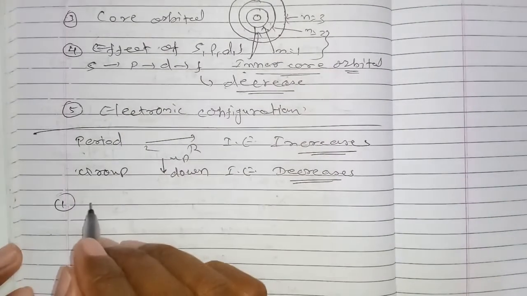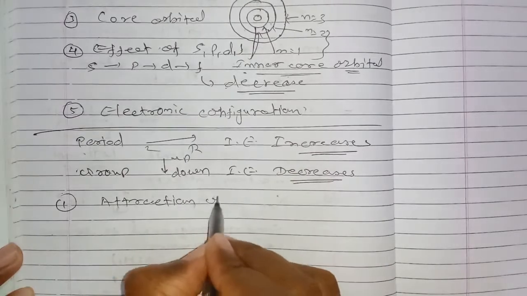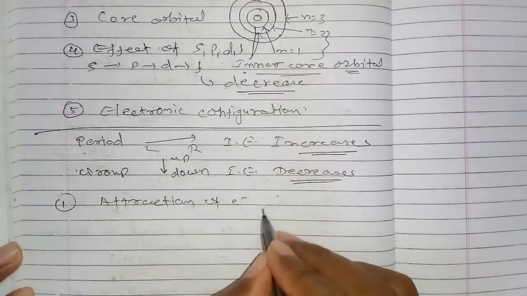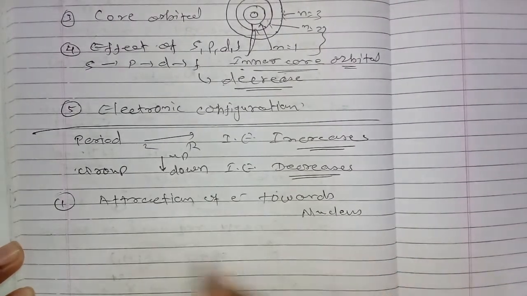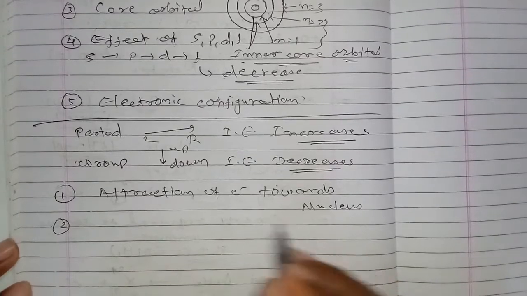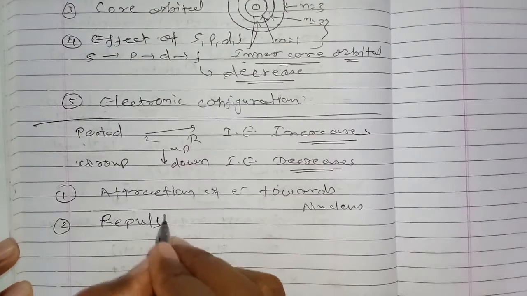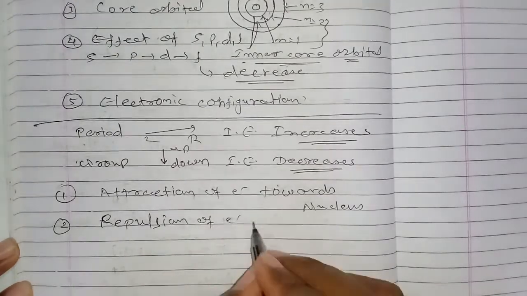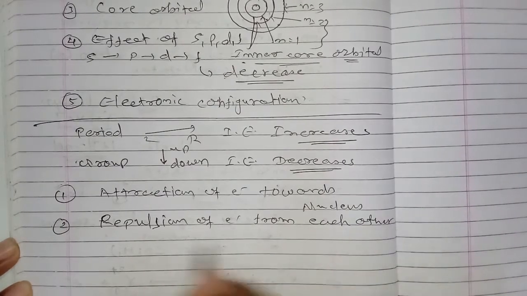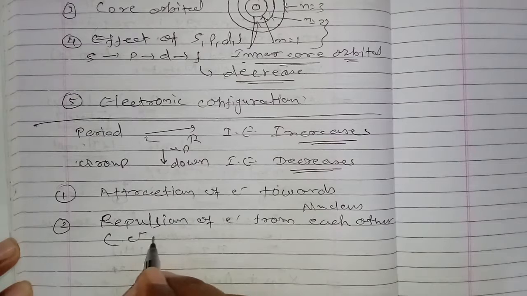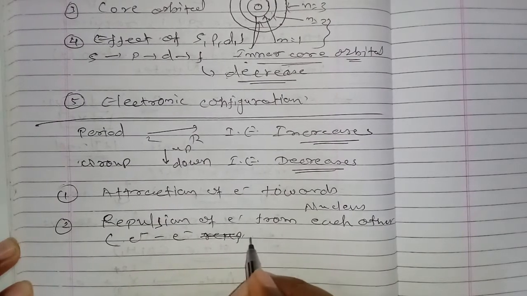Number 1 is the attraction of electrons towards the nucleus, and number 2 is the repulsion of electrons from each other, in other words electron repulsion.